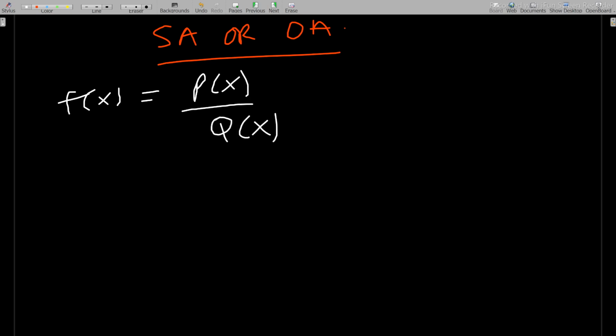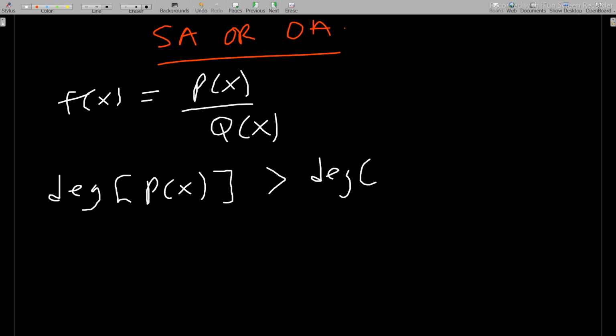Now the slant asymptote comes in when you have the degree of p of x being greater than the degree of q of x just by 1 unit.